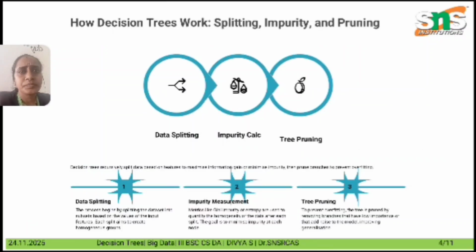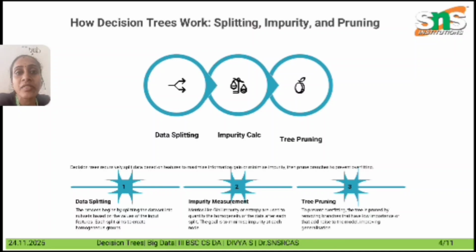Next, how do decision trees work? First is splitting, second is impurity calculation, and finally tree pruning. Data splitting means the process begins with splitting the data set into subsets based on the value of an input feature.